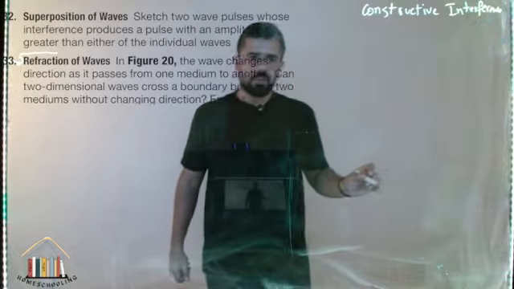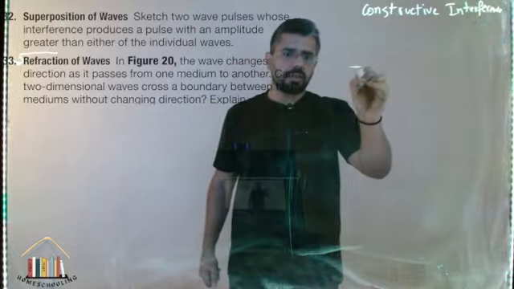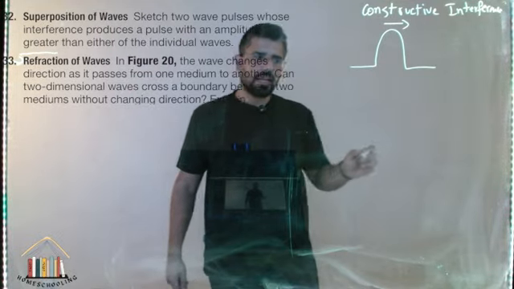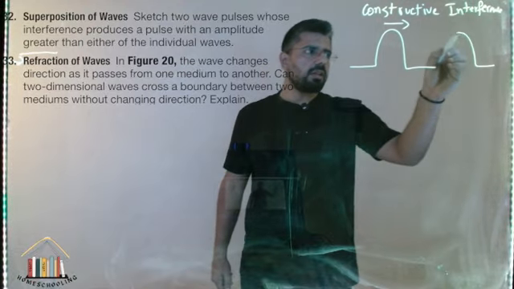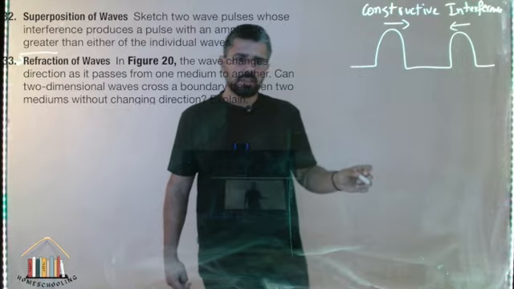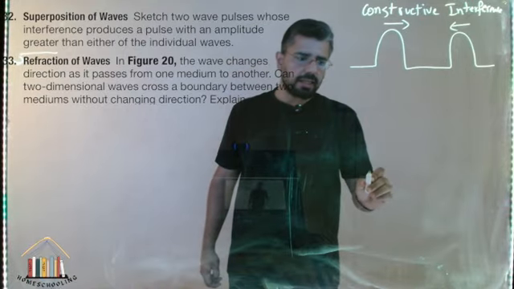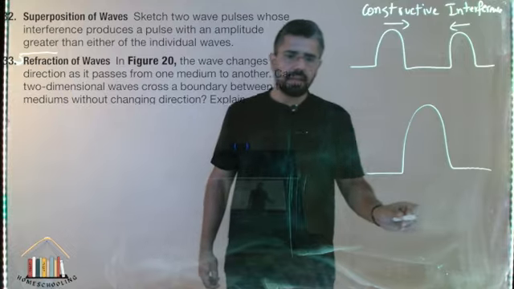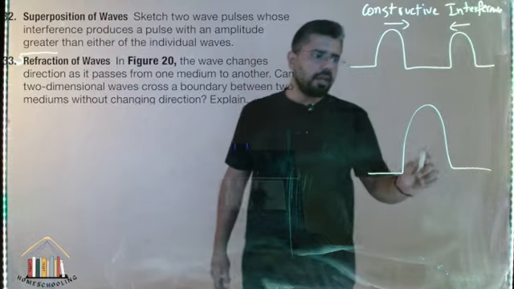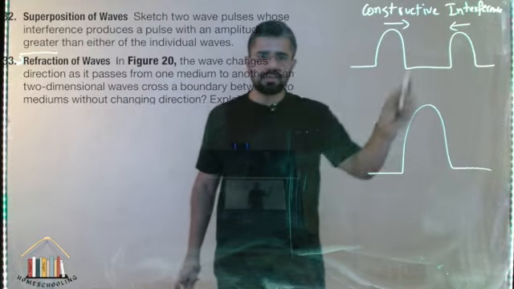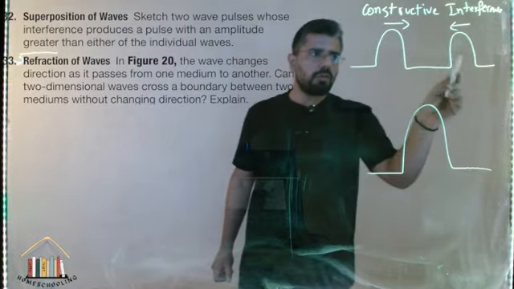So what about this? We are sketching two different waves. This is the first one going in that direction. It meets another wave going in the opposite direction. So what might be the resultant wave? It will become a very big, giant wave. This is what we call constructive interference. It's the sum of both amplitudes.